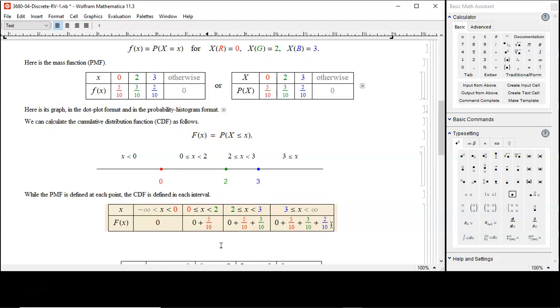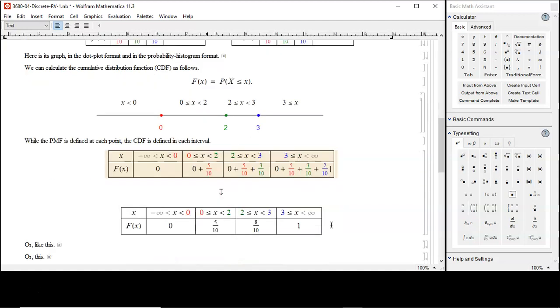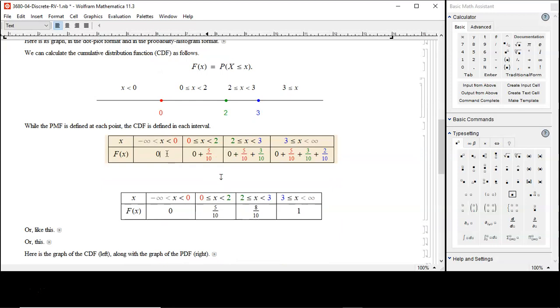Again, the keyword is cumulative, so you have to keep adding up probabilities. So what do you get? Always begin from 0, and then increase, increase, increase, and end up with 1. So if you calculate, you're going to get this. Always begin from 0, end at 1.